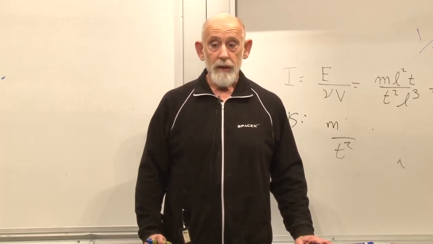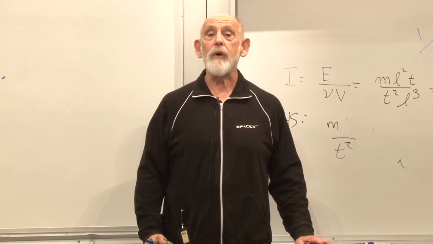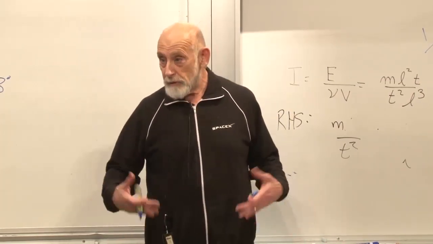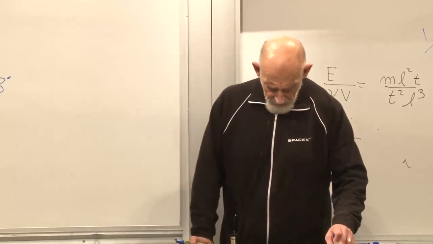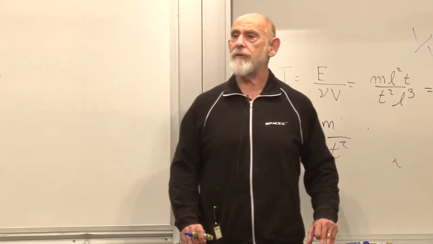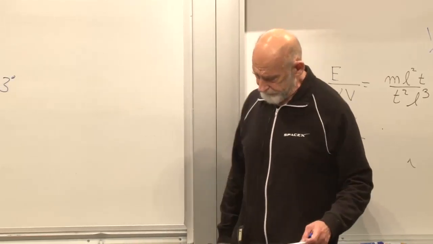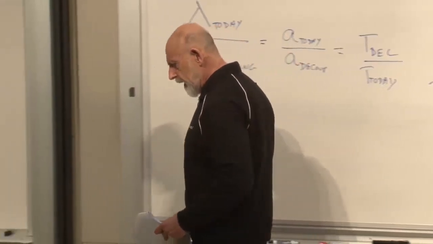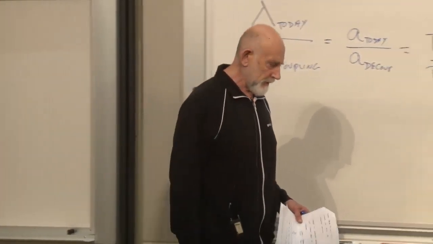Anybody know what the energy of ionization of a hydrogen atom is? 13 electron volts. So if the characteristic photons had an energy of 13 electron volts, then they would have plenty of energy to kick the hell out of the hydrogen atom and ionize it.